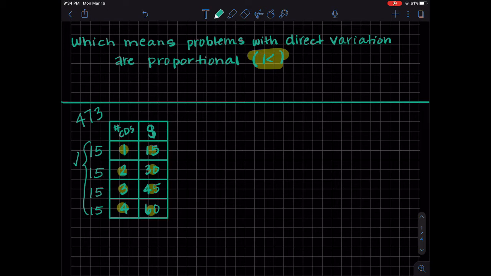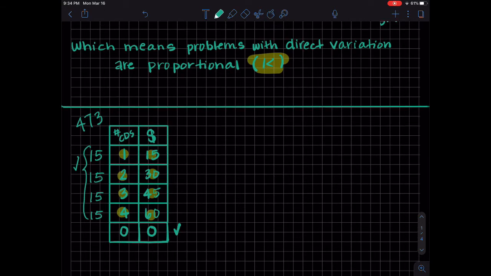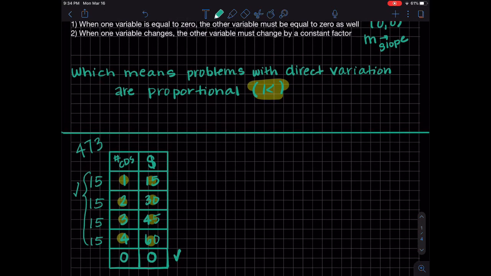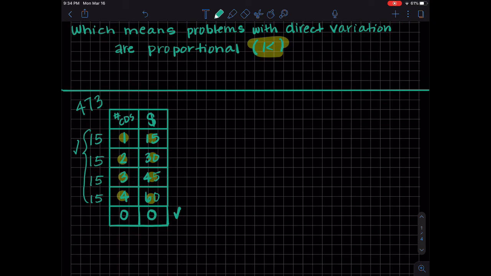The other thing we want to check is whether, when one variable is equal to 0, the other variable is equal to 0 as well. If we sell 0 CDs, we make 0 money. So this checks characteristic number 1, and this is proportional.